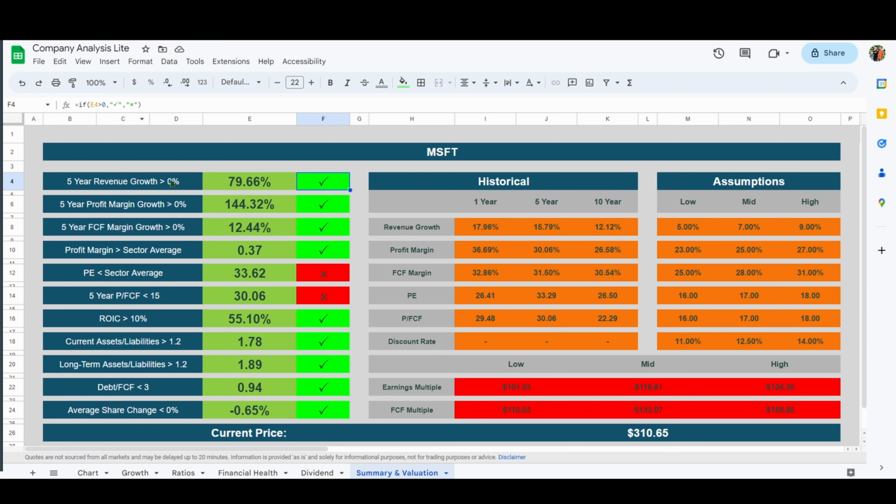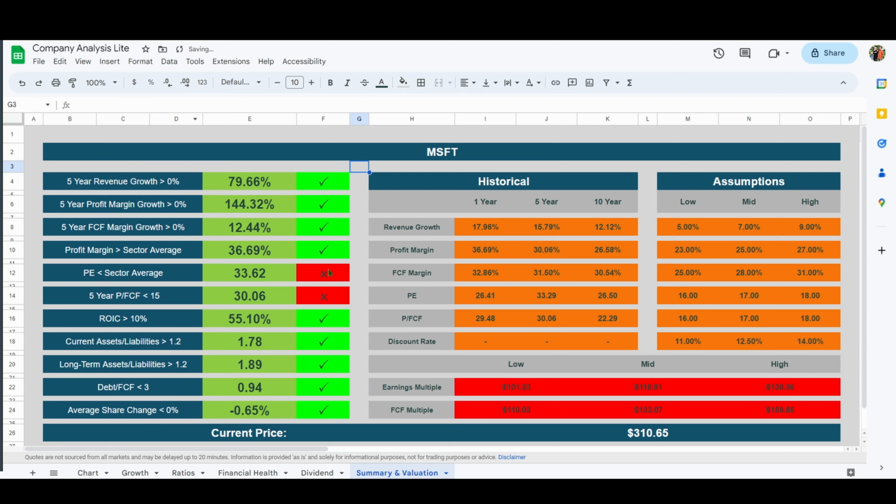So here you can see that we want it to be bigger than 0%, bigger than 0%, and yes, it is. So you'll see a check here. Now, you can go through each one of these. It says everything, right? So there it is.